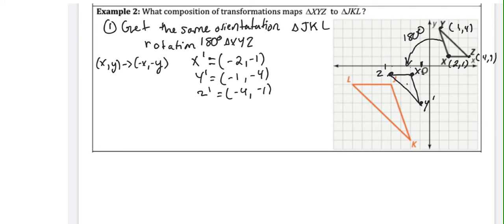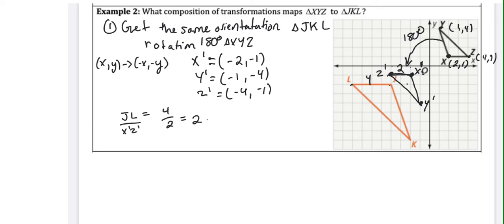Let's look at the distance that we can find right away. We have a straight line from X prime to Z prime. This distance is 2. Then we also have a straight line from J to L. This distance is 4. Well, if we want to find that ratio, we said JL is equal to 4, and X prime Z prime is equal to 2.